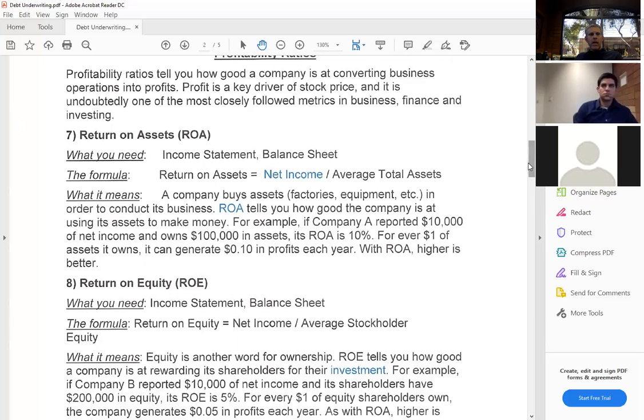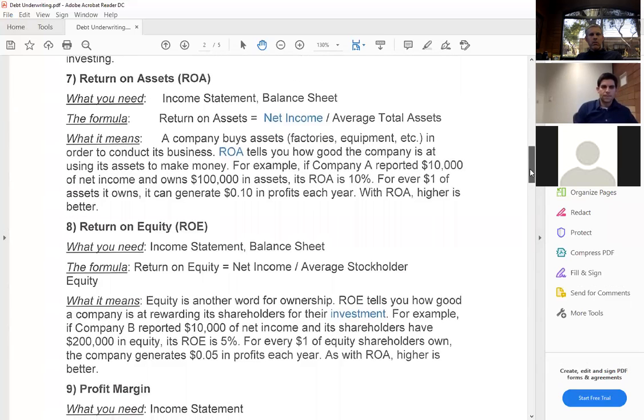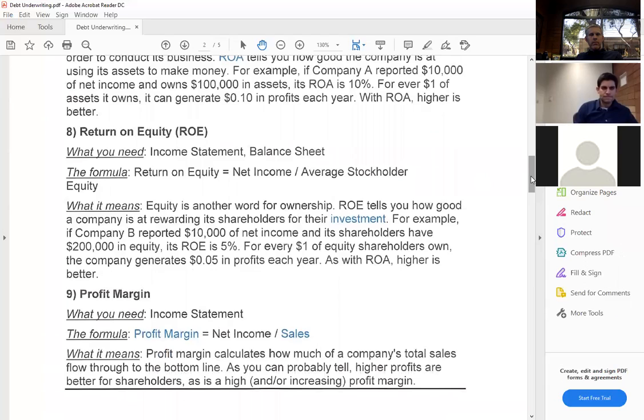And then return on equity. It equals net income divided by average stockholder equity. It can be challenging if it's not a corporation, right? But essentially equity is another word for ownership.